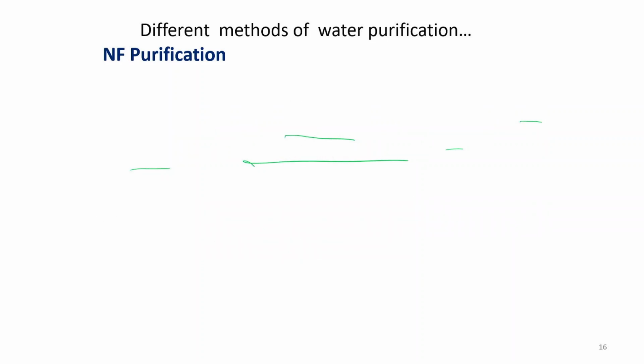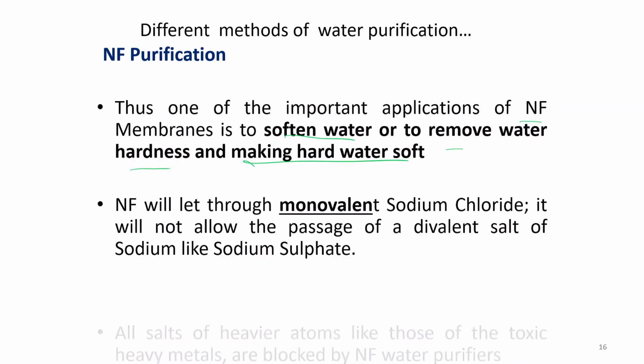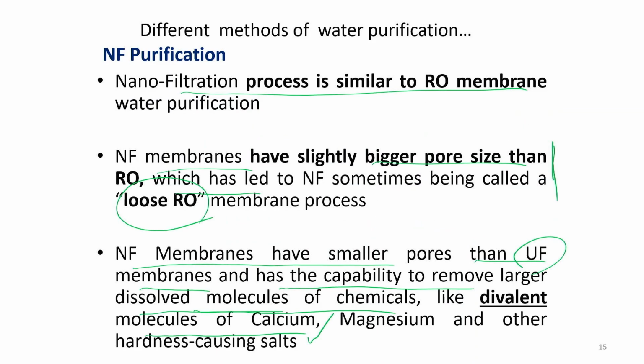In the case of the nanofilter, it will allow the monovalent sodium chloride component, but divalent components, as we have mentioned earlier, larger particles, divalent molecules like calcium, magnesium and other hardness-causing material, it will restrict.